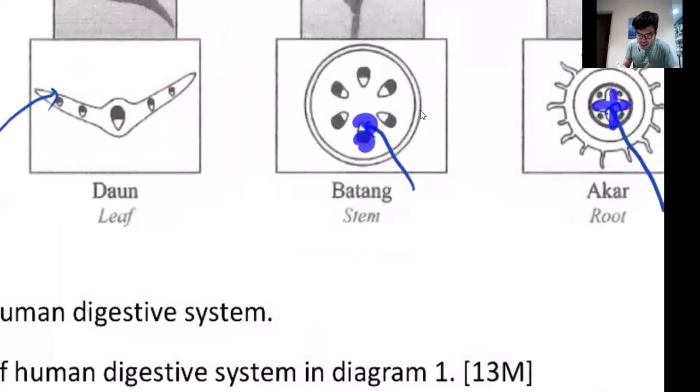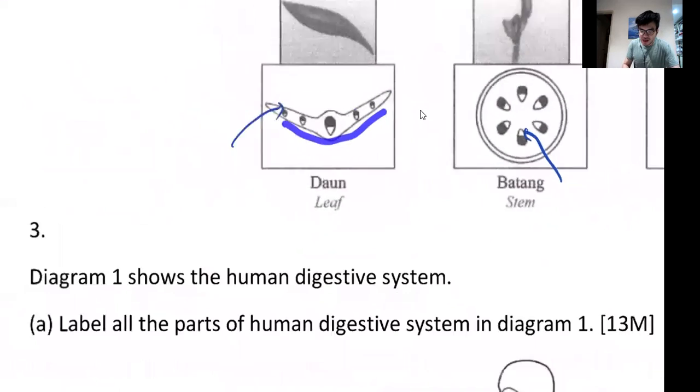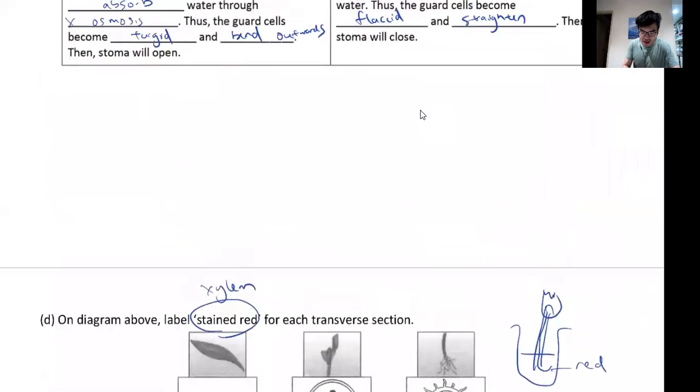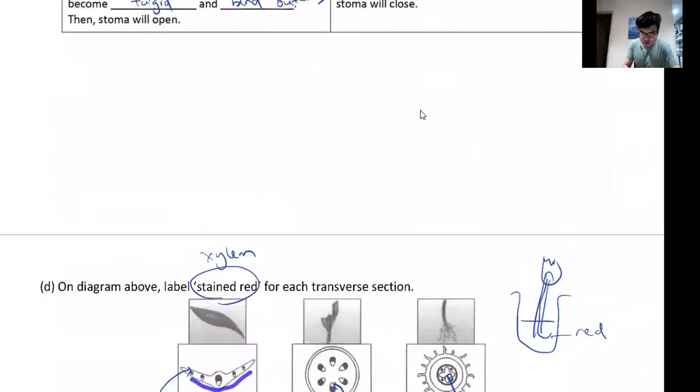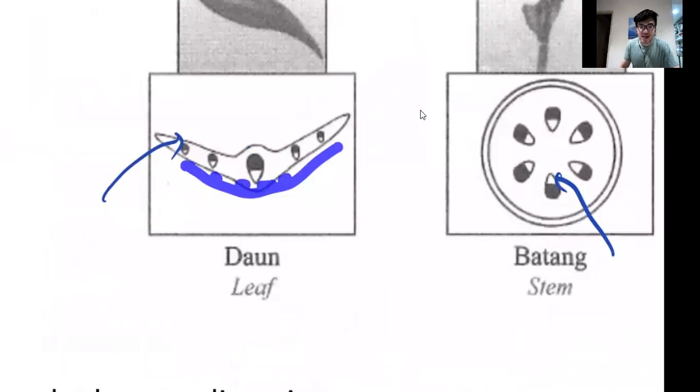Xylem is on the inside, the white one. And leaf also the same thing. Leaf bottom is the outside. Why? Because your stoma is at the bottom. This stoma, the hole, is usually at the bottom. So bottom is the outside, and the xylem is on the inside, which is the black one. So xylem is always on the inside. So when you slice it open, you will see red color.